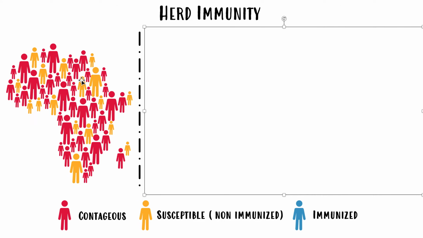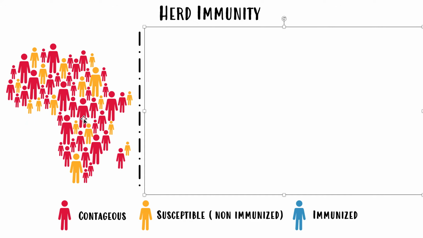We have some contagious people, meaning they're infected and they can spread the pathogen to other people. And we have these susceptible people, meaning they have never encountered this pathogen before. They have never been immunized. They have never seen this pathogen before, so they can get infected and suffer from it, right?